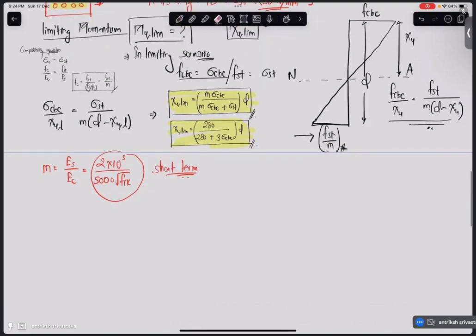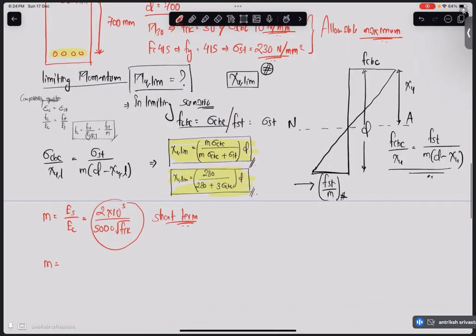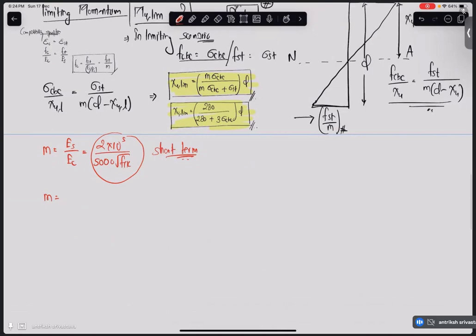But when nothing is given in your question, and particularly in design type of questions, you have to use the long term formula for your modular ratio, that is 280 divided by 3 sigma cbc. Right? This is the long term. It accounts for creep also.